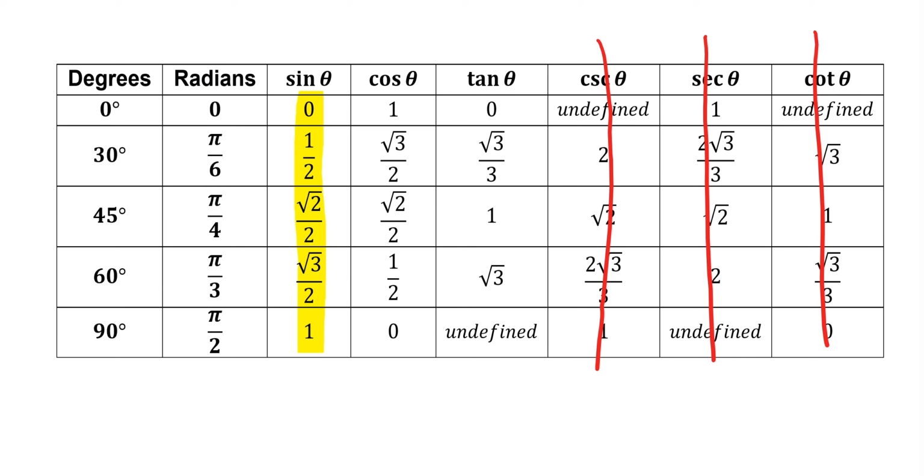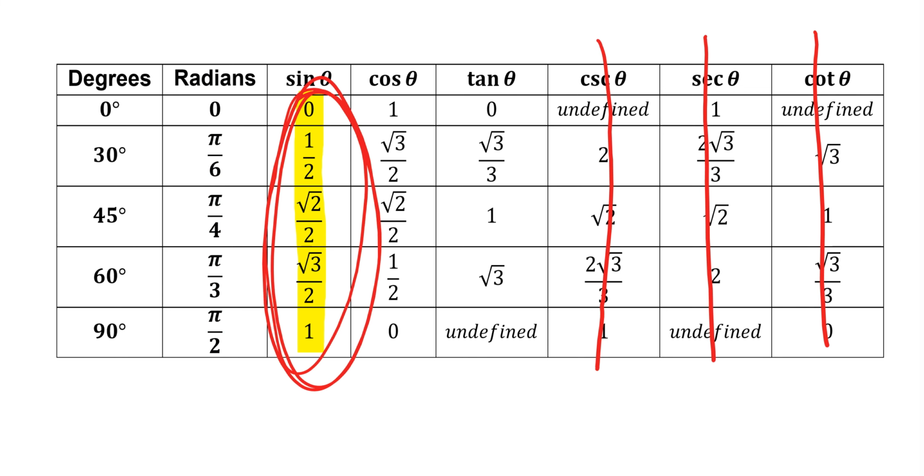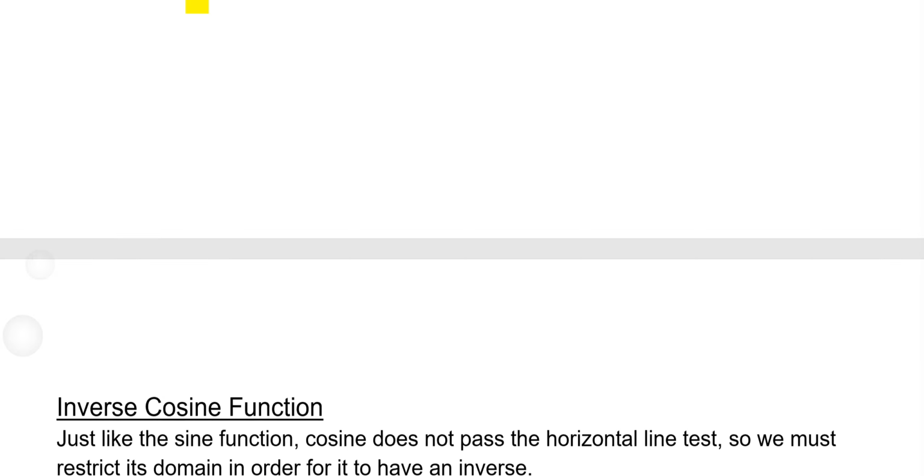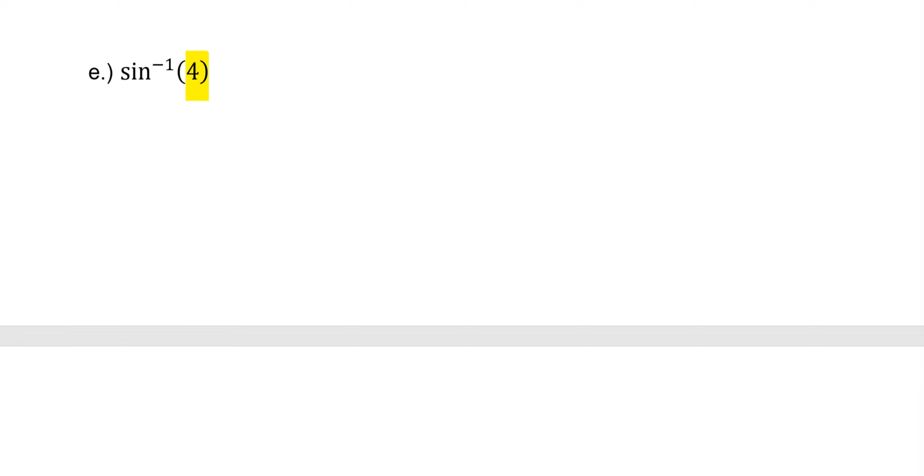So basically one of two things happens. If it's not one of these values that are already in the table, then either we just don't have it memorized and we would have to use the calculator, or it does not exist. So let's see what happens with sine inverse of 4. Let's try to think backwards. Sine inverse of 4 means sine of what angle equals 4.